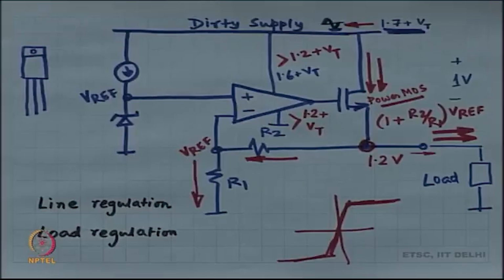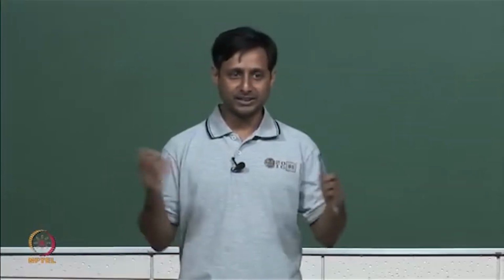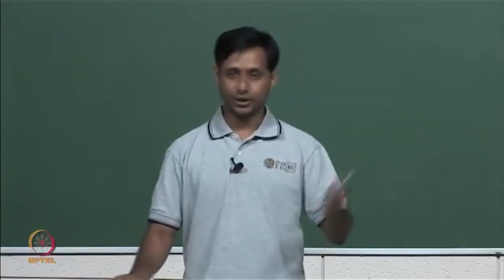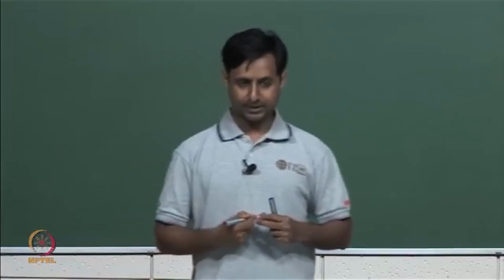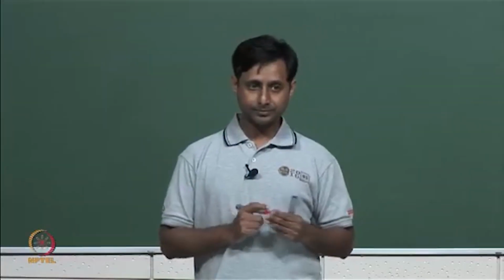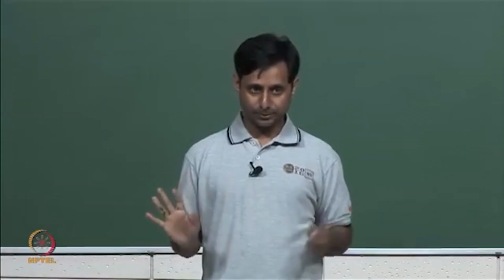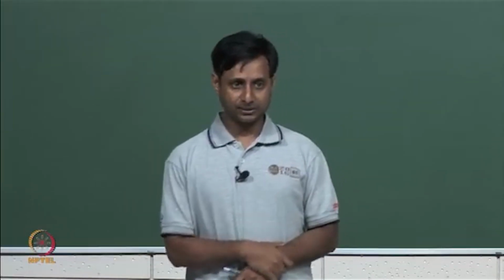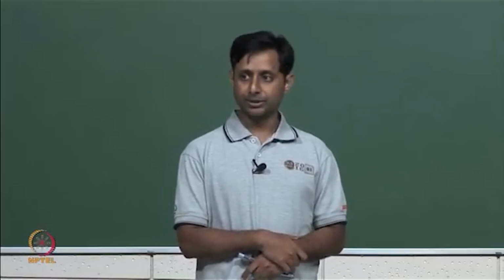When you increase the temperature of the circuit, other funny things start happening. VT starts changing, all kinds of things happening. We do not want to go into that domain. We want to have some steady state temperature of the circuit. We do not want to burn.